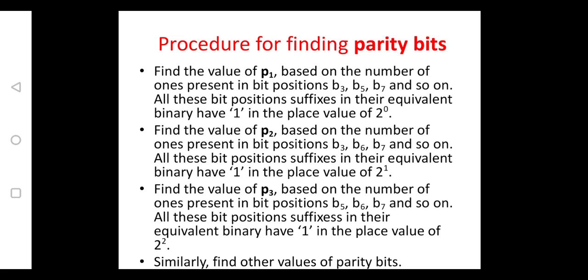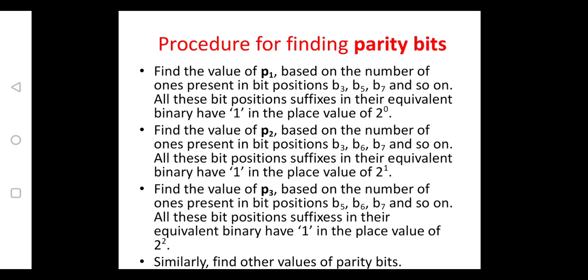Similarly, in order to find out the value of P2, 2 is nothing but 0, 1, 0. So 1 is present in the middle. So for which numbers do we have 1 in the middle? We have it for 3, 6 and 7. So by checking the 3, 6 and 7 positions, we need to write down P2.